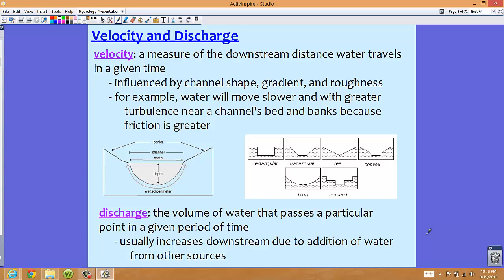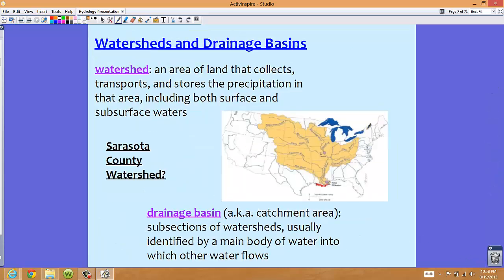So as you go farther downstream, let me go back to this watershed picture so you can see. This is the picture of the Mississippi River basin. And the Mississippi River flows south. So it starts up here in the north in the United States and flows down towards the Gulf of Mexico. As it's flowing downstream, it's going to increase its discharge because it has more water down here towards the Gulf of Mexico than it does up here.